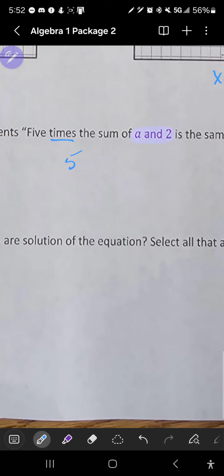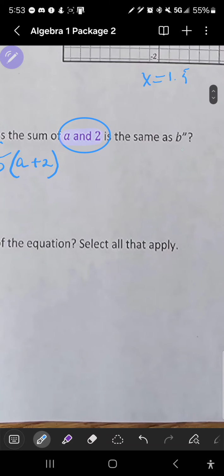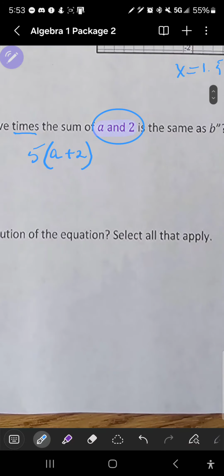So I know that it will be 5 times the sum of these two numbers together. It will be 5 times the sum of A and 2, and here's the sum, so A plus 2, is the same as B. If it is the same, it is equal. So I will say 5 times the sum of A and 2 is equal to B. And that's basically what they're saying.